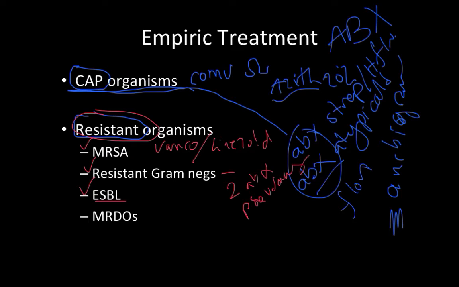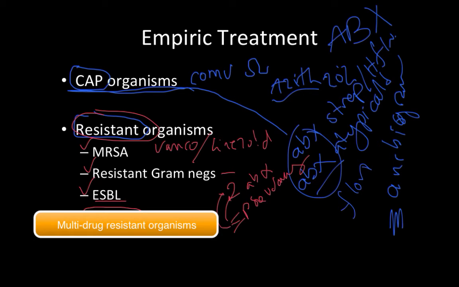Because if Pseudomonas, which is notorious for developing resistance quickly, is resistant to one of the 2, then you're likely to be sensitive to the other, unless your patient has a history of MDRO.